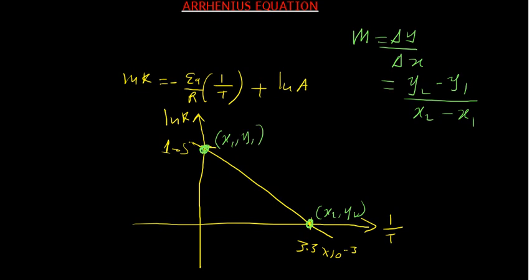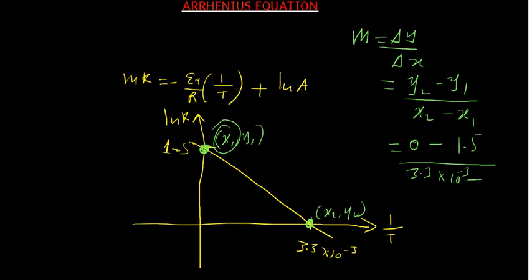So what is the value of y on this one? We can see that this is on the x-axis, so the value for y is 0, minus y1. And y1 is on the y-axis, which is the value 1.5, divided by x2. We can see x2 here is 3.3 times 10 to the power negative 3, minus x1, which is 0 on the y-axis.